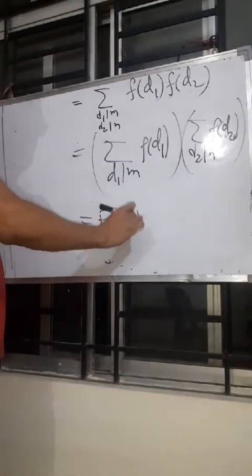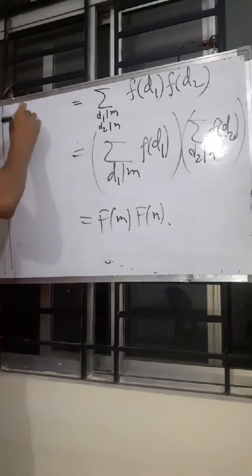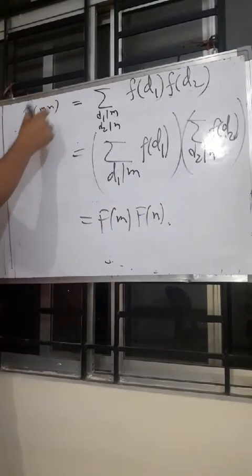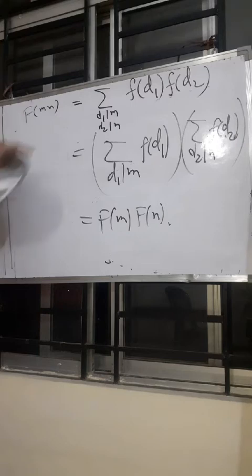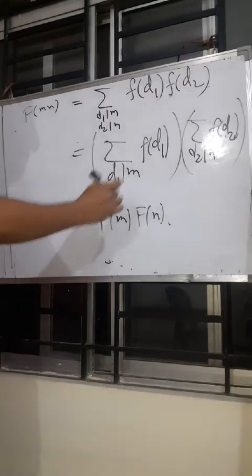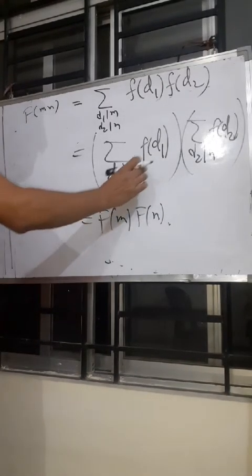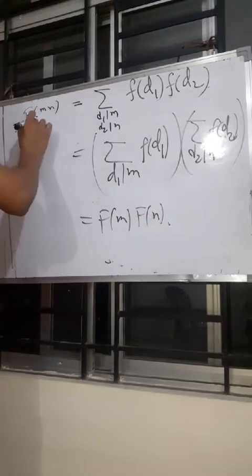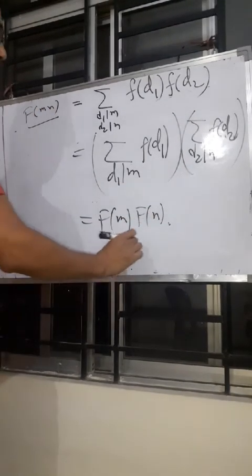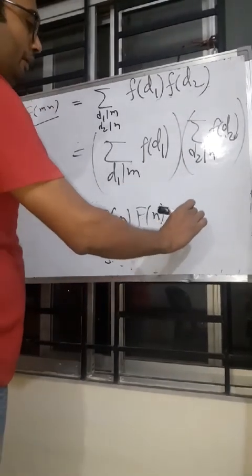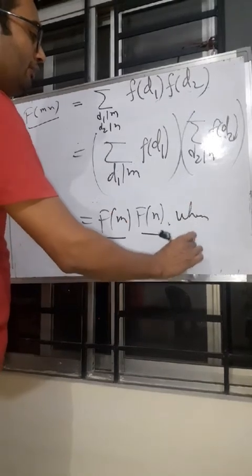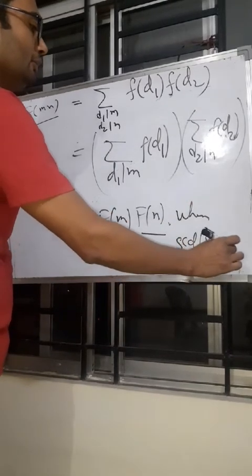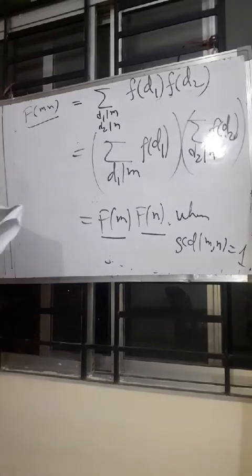So F of mn is equal to, you see, by definition F of m is this, F of n is this. So F of mn is equal to F of m times F of n when GCD of m, n is 1. This proves that capital F is also multiplicative.